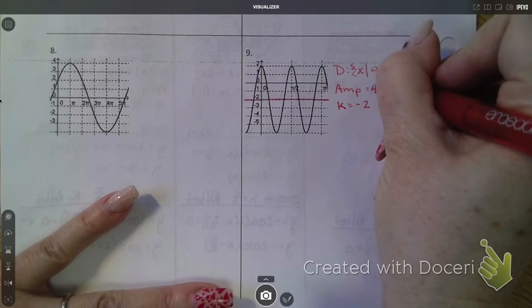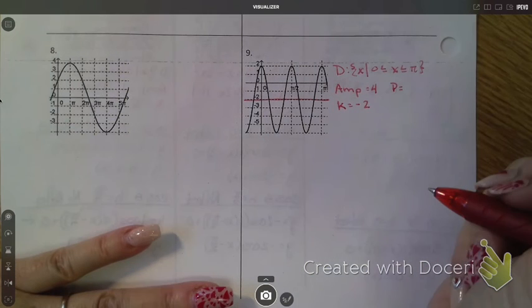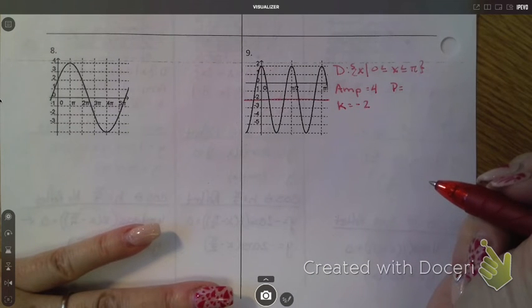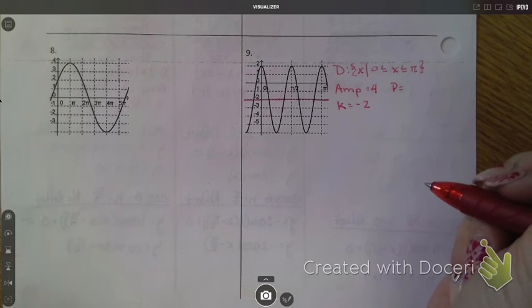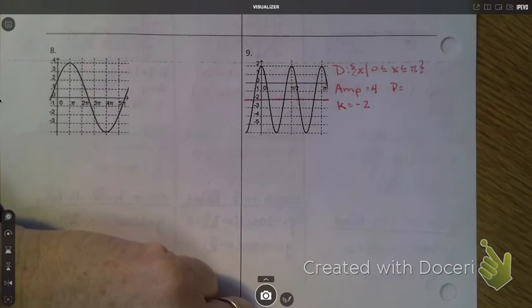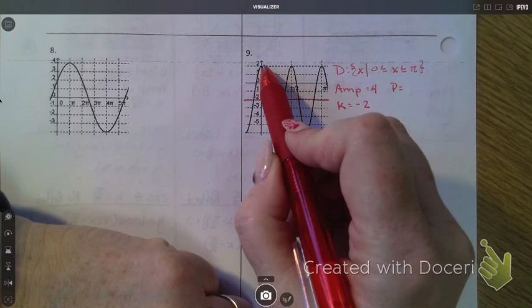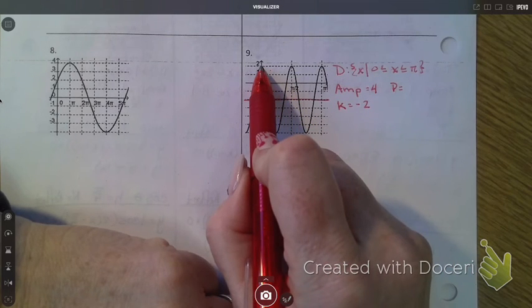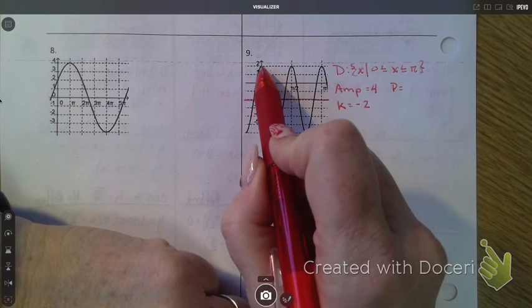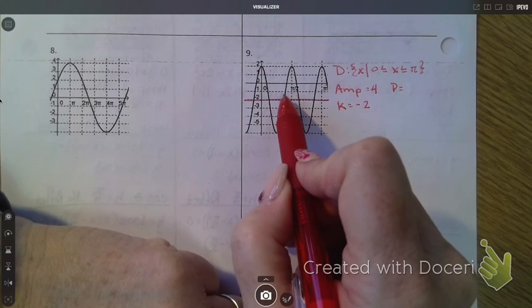Period. B would be pi over, wouldn't it? Well, we don't know B. If I think of it, it starts here, yes? And it ends where?